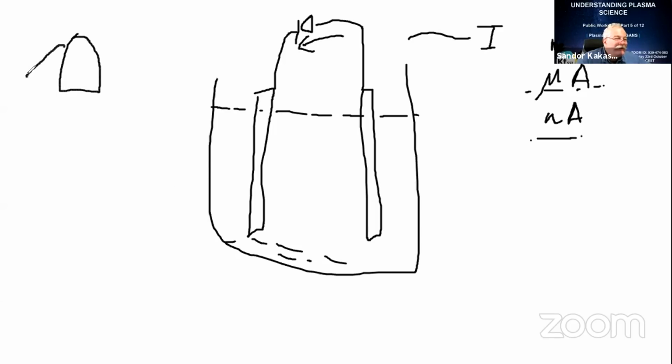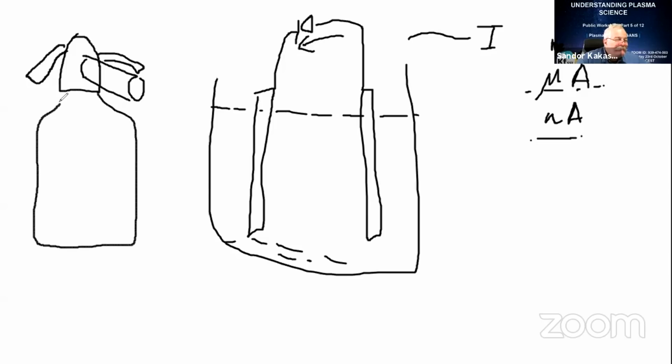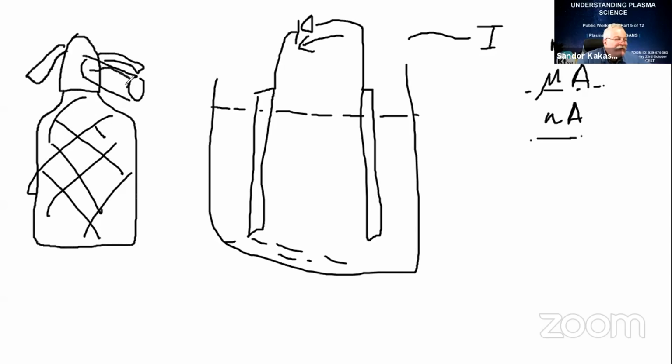Yeah, and by the way, those soda bottles were in fashion in the 70s, maybe in the 80s. Yeah, I remember those. Still, you can buy those carbon dioxide cartridges.